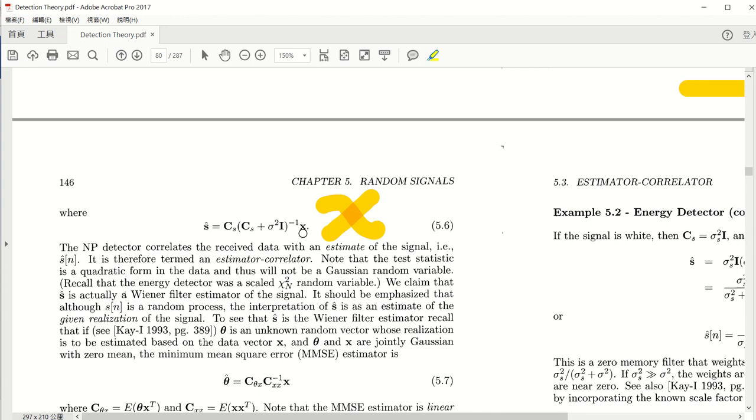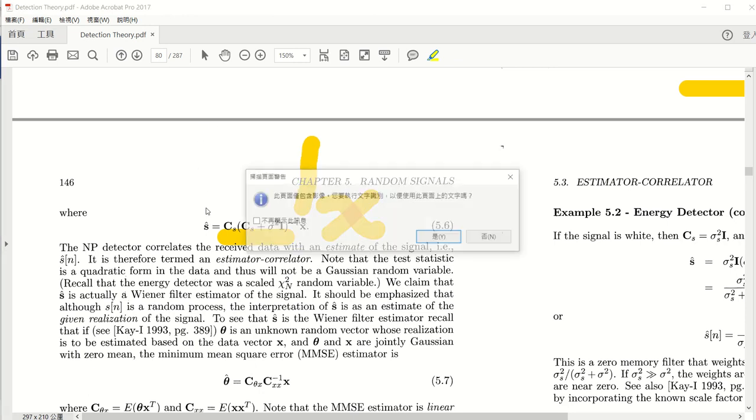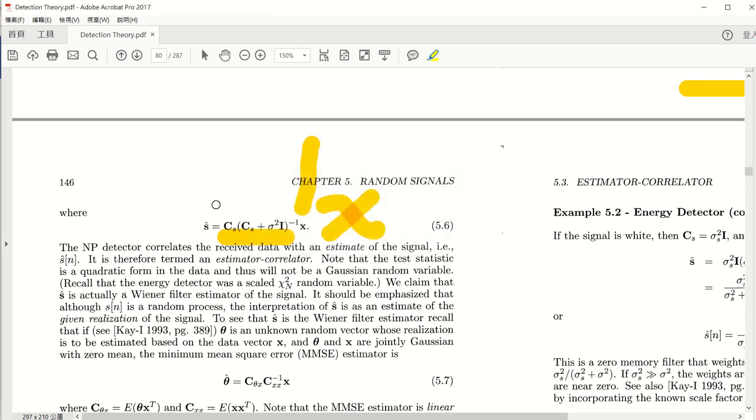Then we multiply x with this term, which is an operation on the received data x, and then we come up with this S hat. If you see the dimensions, you will find x to be a column vector and S hat to be a column vector also.